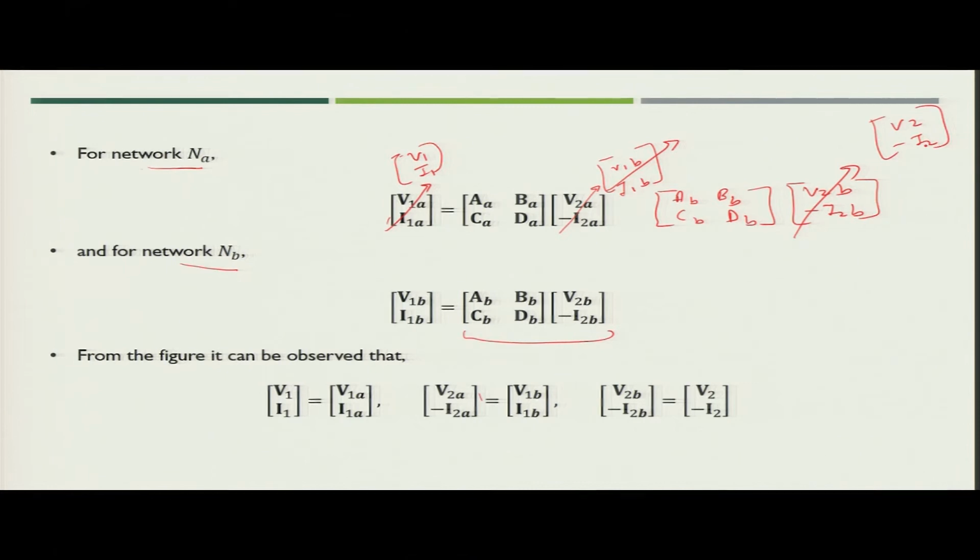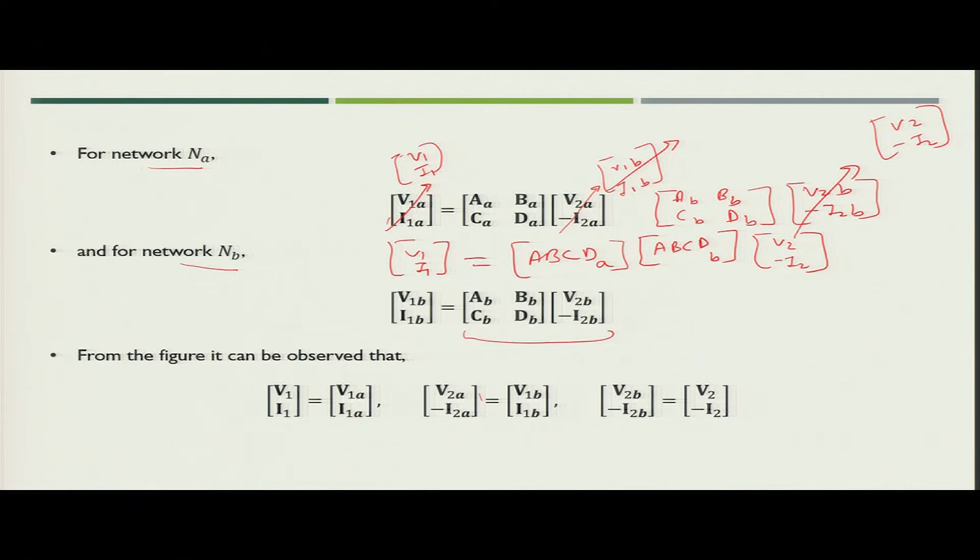So, finally, what we get? We get the V1 I1 vector equal to the ABCD parameter matrix of network A, similarly the ABCD parameter matrix of network B, multiplied by V2 and minus I2.